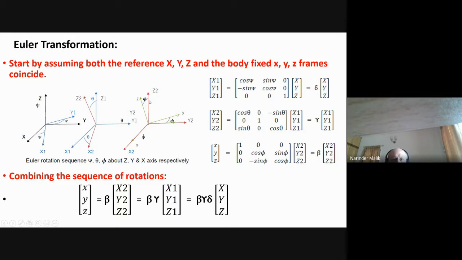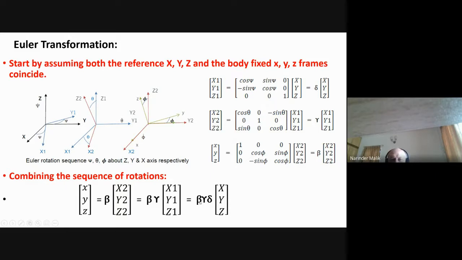Now I give a third rotation about the x-axis, and I come to the orientation of the body, where the body should be. So I can substitute x2 here, x1 here, and write the body x, y, z in this manner, with beta, gamma, delta.